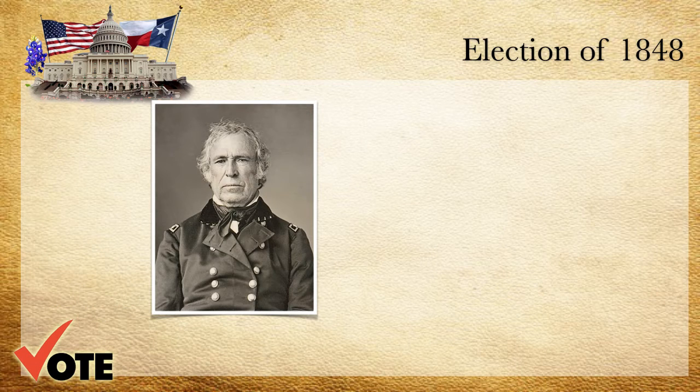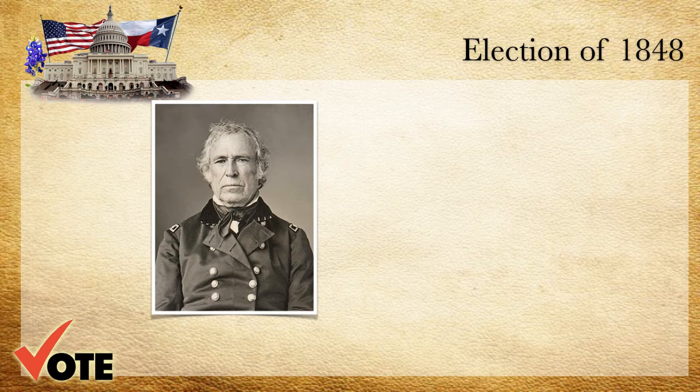And finally, we have President Zachary Taylor in 1848. Zachary Taylor is going to be really involved in this war against Mexico, between the U.S. and Mexico, that we'll talk about in chapter 14. It's actually already posted, so if you look at that video, you'll be able to see a little bit more about Zachary Taylor's involvement.